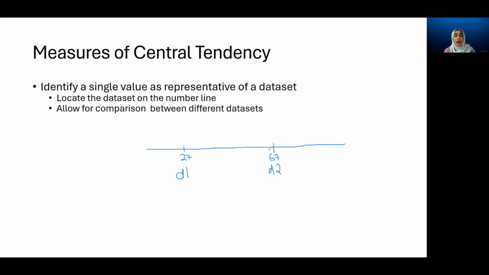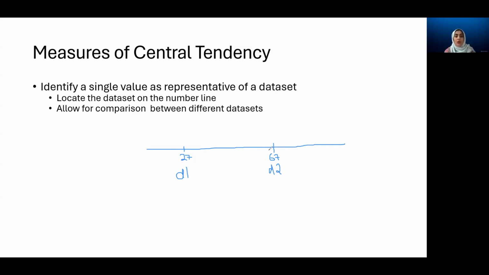So now, by just having this small piece of information from these two data sets, which is just one value about each, we know that the values in dataset D1, generally, are smaller as compared to the values in dataset D2. Of course, the exact values that are there in the datasets will be different, they're varied.